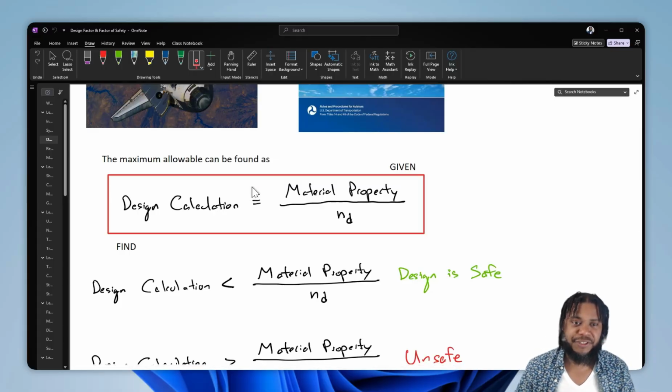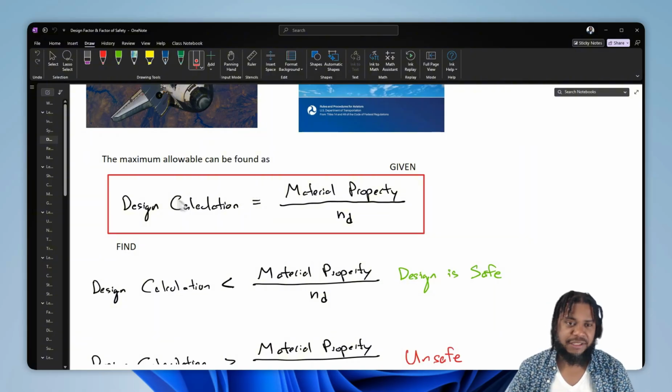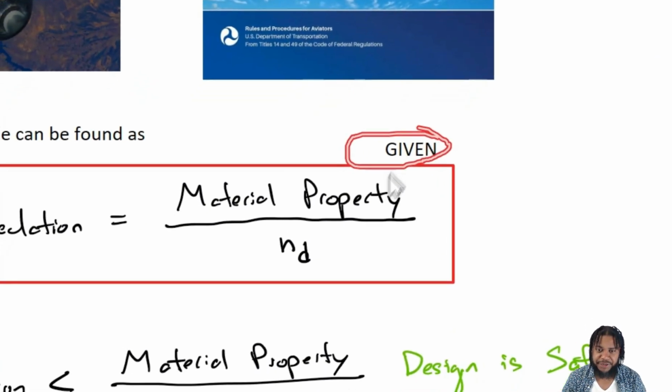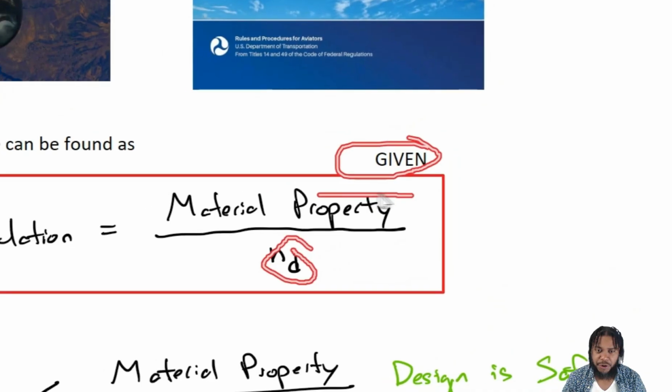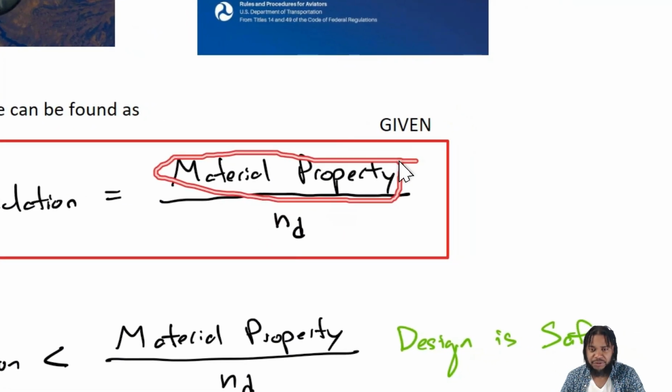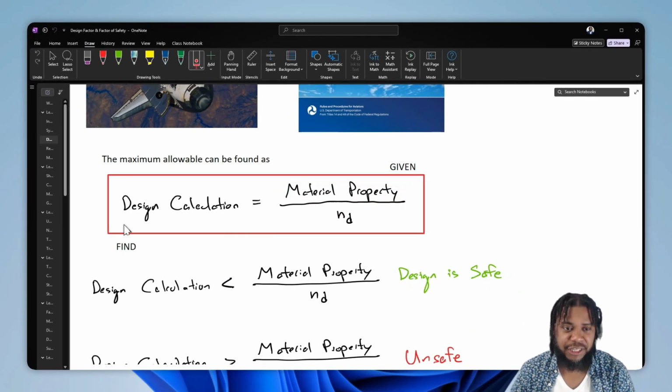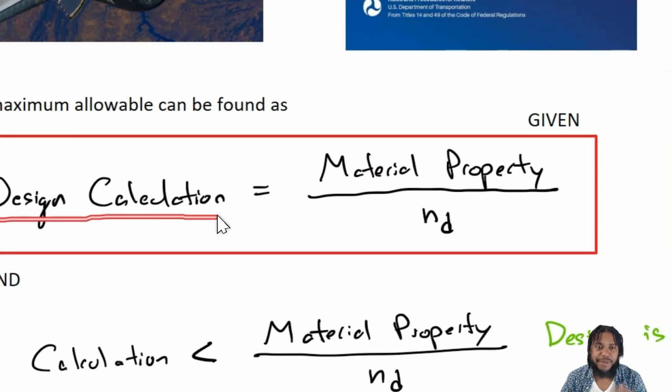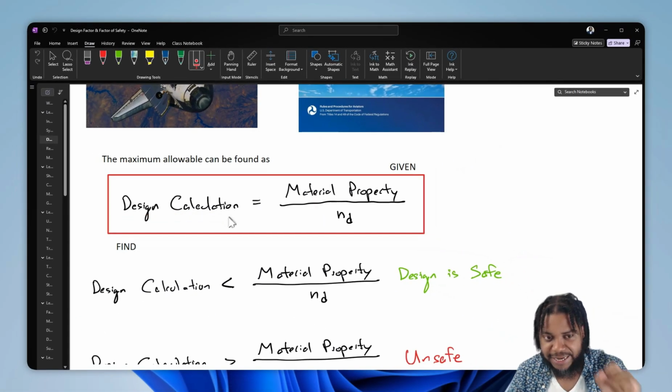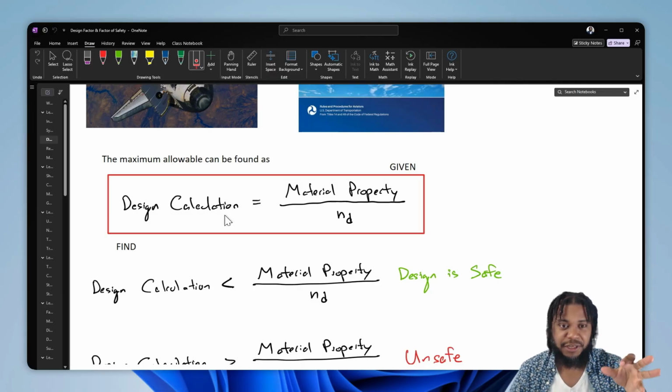Now, if we are given a safety factor, then we have a restriction on what our design can sustain. So we can take that safety factor equation, and if we're given ND and we know the material that we're going to design with, we can then calculate the maximum allowable design stress or temperature or crack length that our design can have.